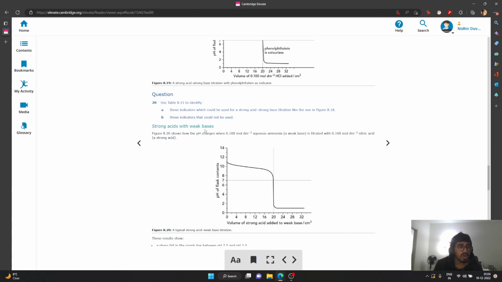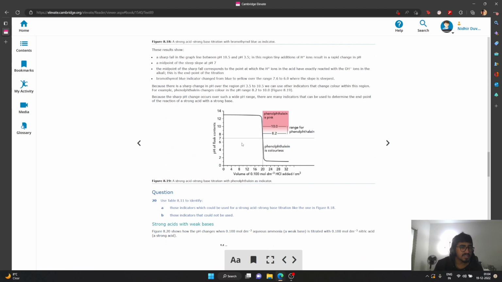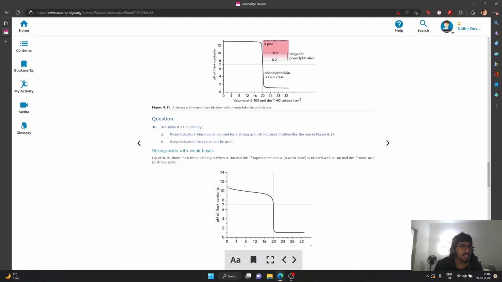Then now let's look at strong acid with weak base. A weak base means that instead of starting at a height of 13, it maybe starts at 11. You start adding acid and it decreases a little bit, but then as soon as it neutralizes completely, it sharply falls back to around 1, because it's still a strong acid.